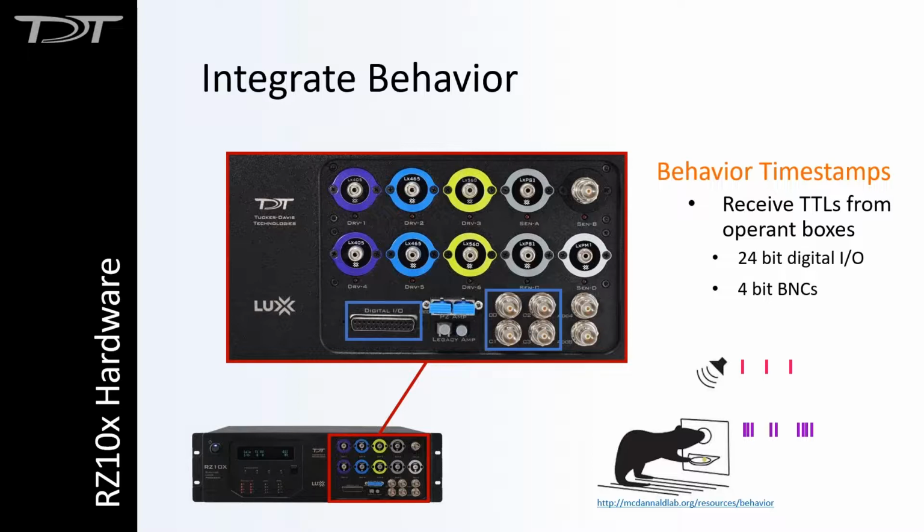So if you just have a BNC cable that you want to connect your operant chamber to the RZ10X, you can do that as well. And the important thing here is now that all of your timestamps or your TTL triggers will now be synchronized with your fiber photometry data, and you'll be able to see all of that recorded in the Synapse software. So all of the data will be synchronized and in one place.